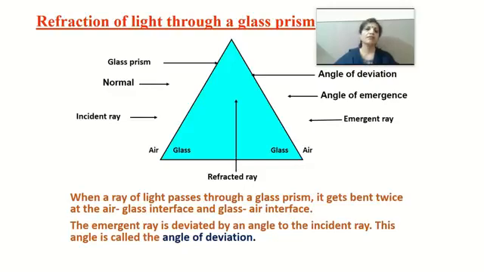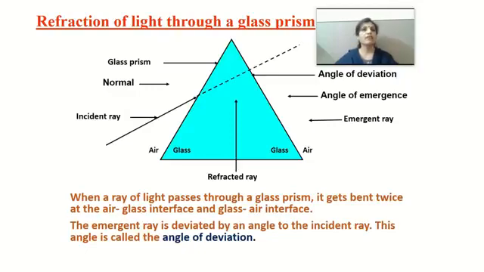I told you that for drawing a ray diagram, usually we draw a triangle for showing a prism. So a triangle is drawn here. Now imagine that the ray of light falls on the refracting surface of the prism like this. Now suppose if the prism wouldn't have been kept here, the ray of light would have travelled in a straight line in this manner.